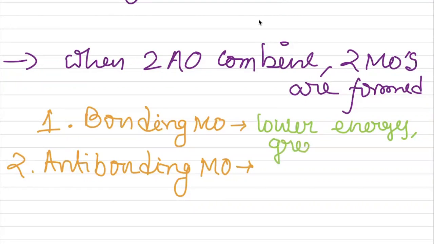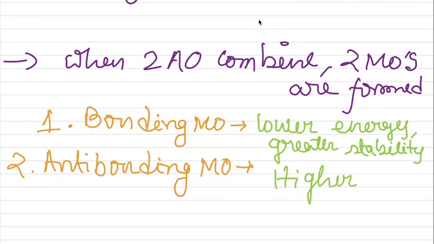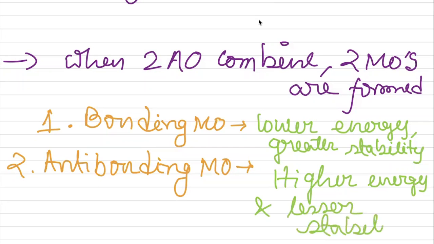Whereas the anti-bonding MO will have higher energy and lesser stability. Clear till this much?